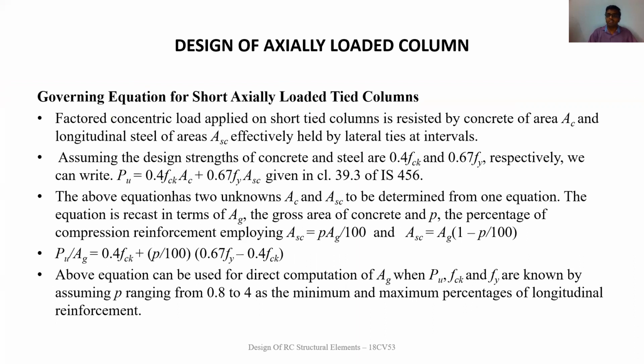Before going to the governing equation of short axially loaded tied columns, I would like to explain the assumptions regarding the strength of concrete and steel. As explained in the previous modules, the maximum design strength of concrete is taken as 0.45 times fck, where fck is the compressive strength of concrete depending upon the grade of concrete used, and the strain ranges from 0.002 to 0.0035.